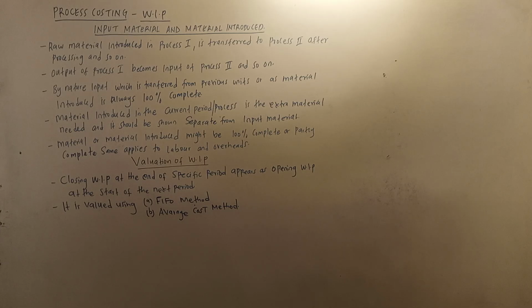And when valuing this work in progress, we are going to use two methods. Number one is the FIFO method, first in, first out. And the second method is called the average cost method. Now let us see the methods, then we do some questions.